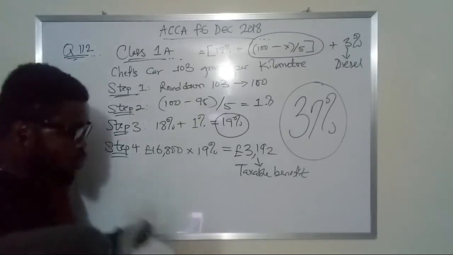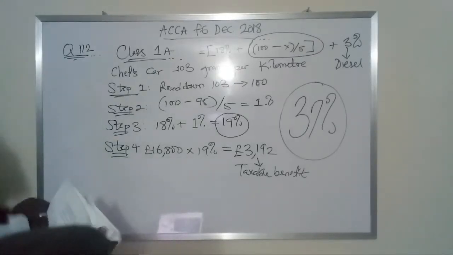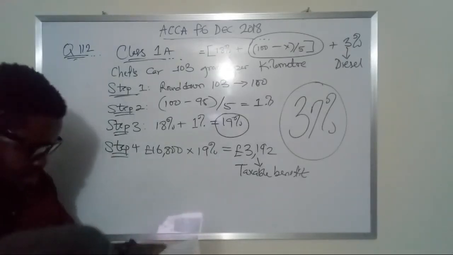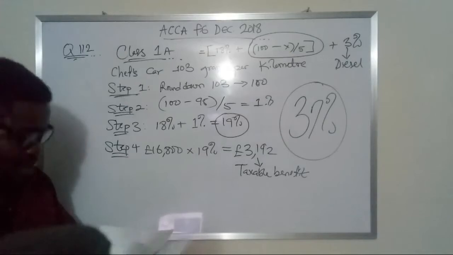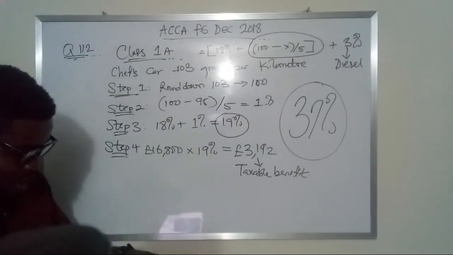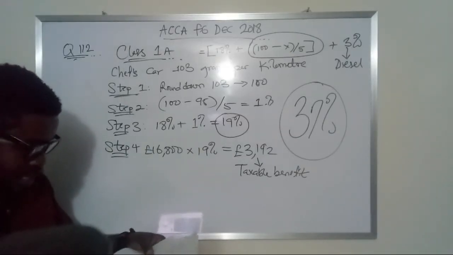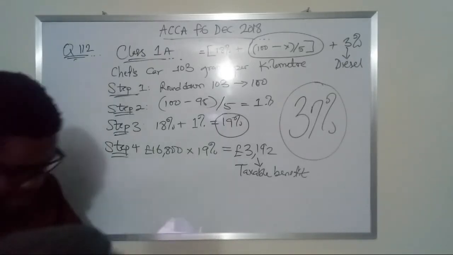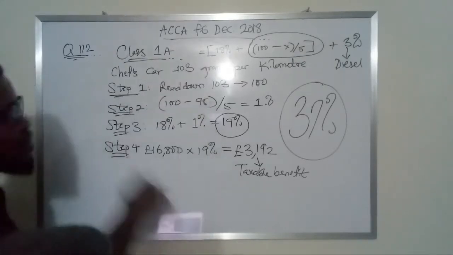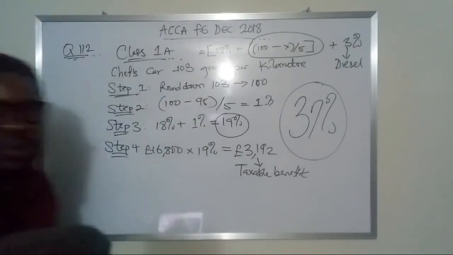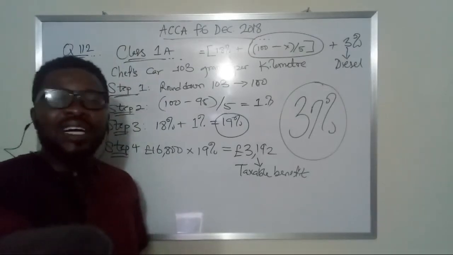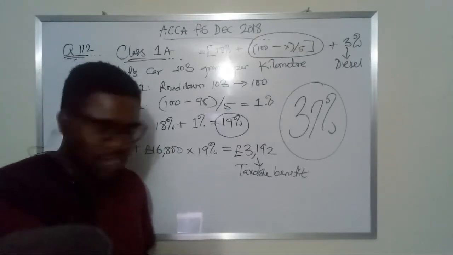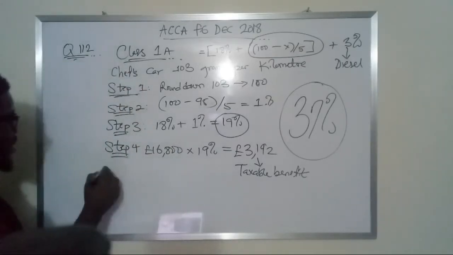Now, in taxing it, we go back to our formula sheets, always, so we do not make mistakes. And here it says employer, class 1A, which is benefits, 13.8%. There is no threshold of 8,164 pounds, or 8,164 pounds to 45,000 pounds. It is clearly, once you get this, you now say step 5.